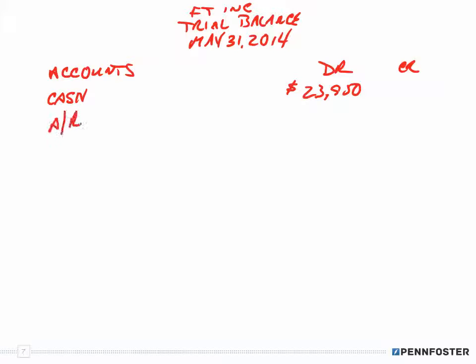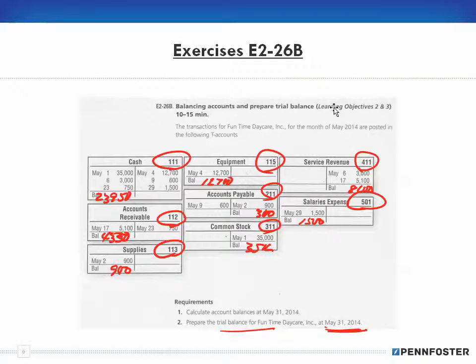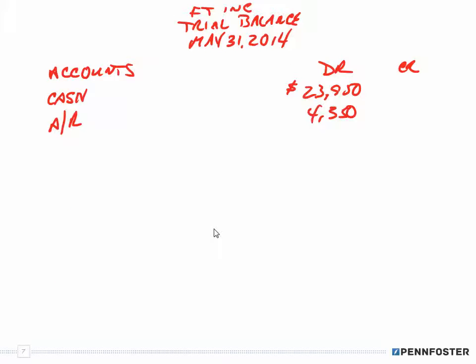Next is accounts receivable, and that was for 4,350. Remember, you created these balances when you were doing this work, so follow your paper. I'm not going to bounce back and forth between the slides. Next was supplies, and that was for 900.